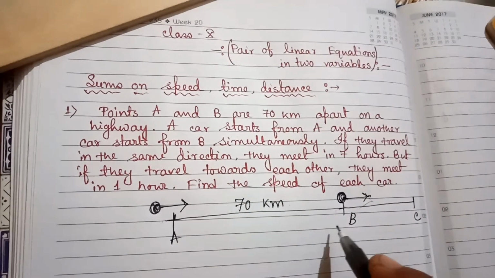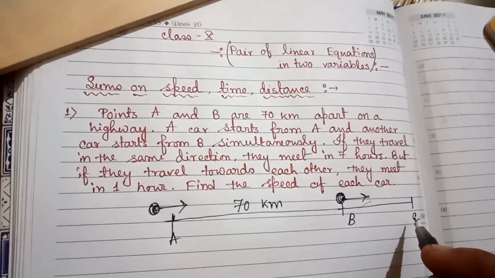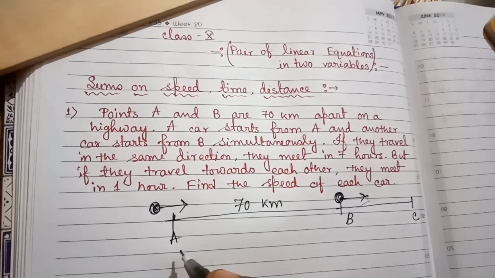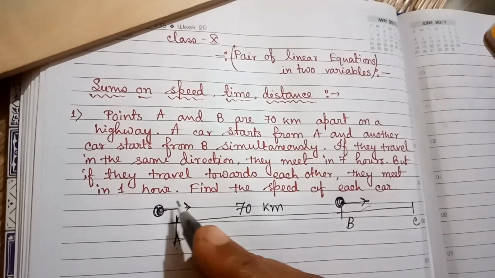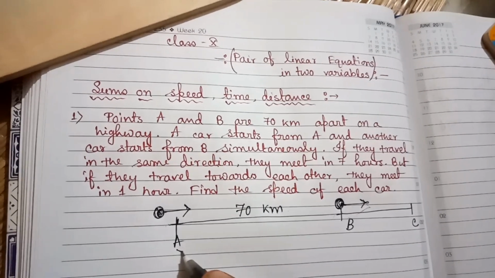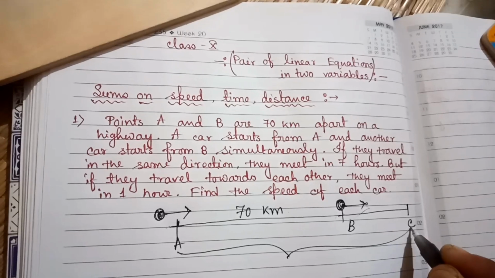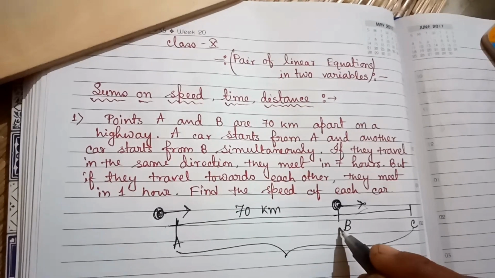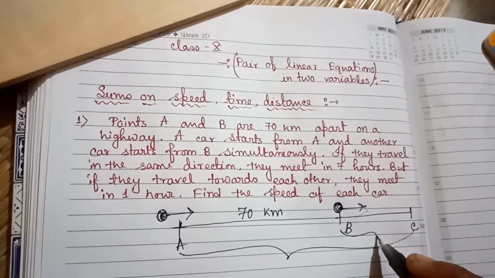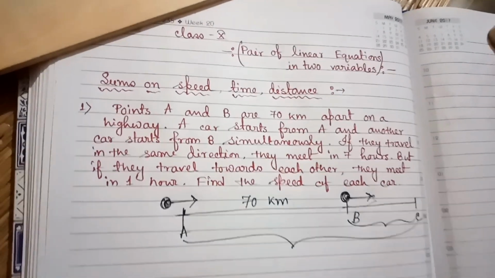This is A, B and the point C, which is the meeting point after 7 hours. That means the first car travels from this to this, and the second car travels from this to this.